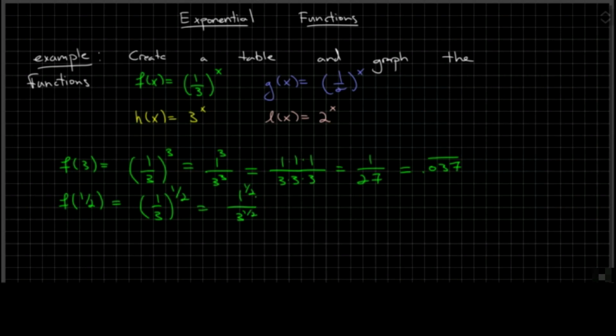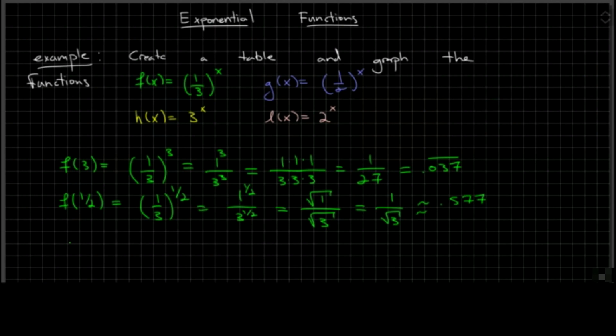And raising to the 1/2 means take the square root. And so this is square root of 1 over the square root of 3. The square root of 1 you can actually compute by hand. That's just 1. And the square root of 3, we can't compute this by hand. We'll need to use a calculator. And this ends up being about 0.577.